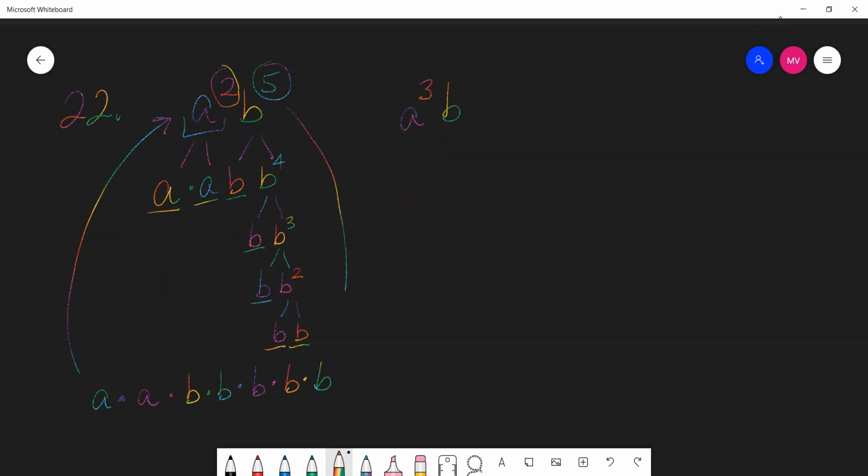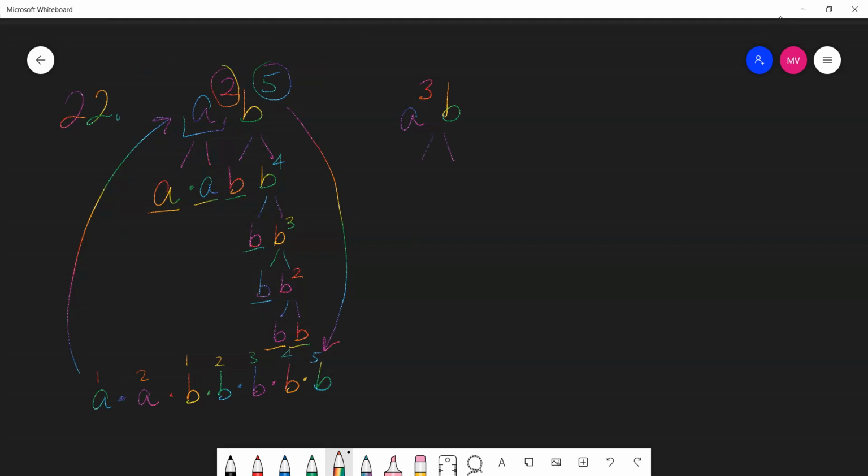So when you look back down here, you see that I have 2 a's and 5 b's. That's all you're doing when you have variables and you're trying to find your prime factorization. So that's our prime factorization for a squared times b to the 5th.